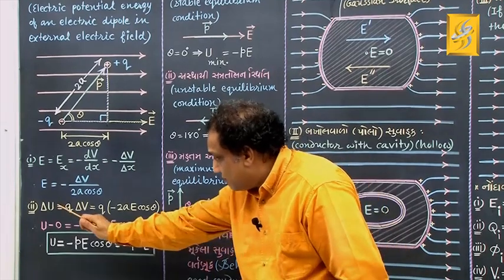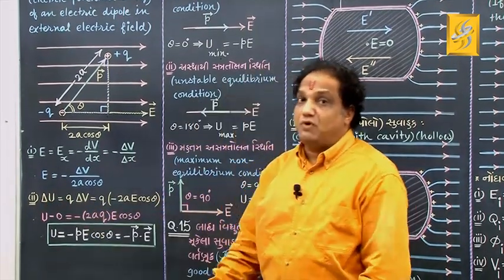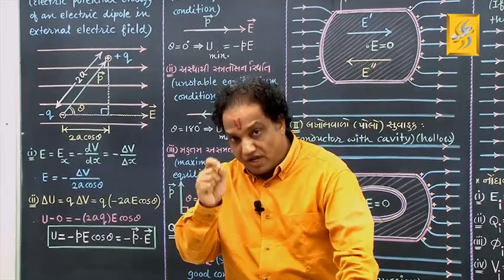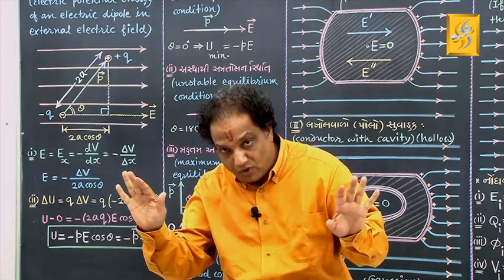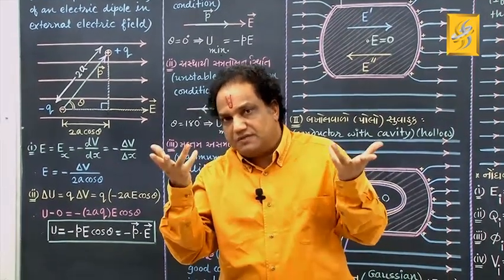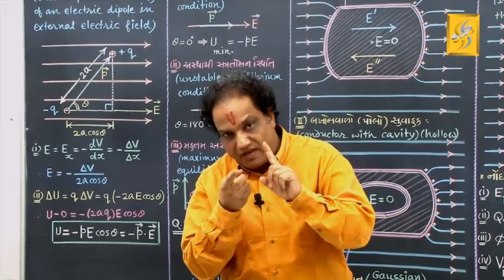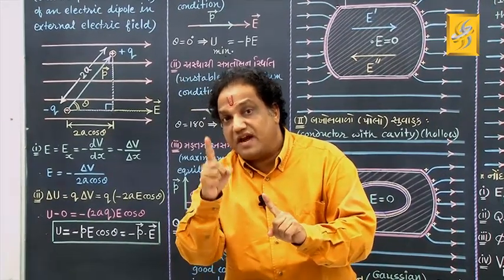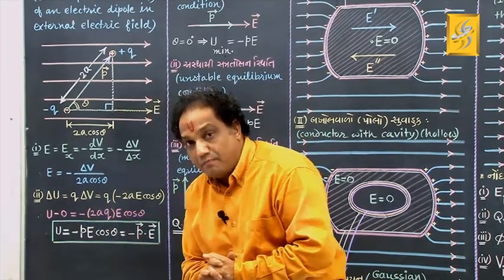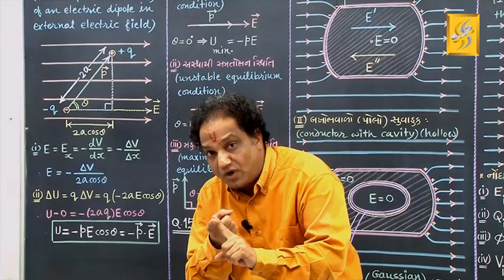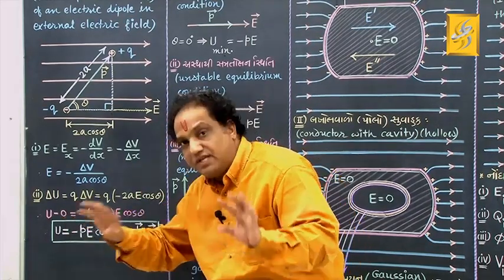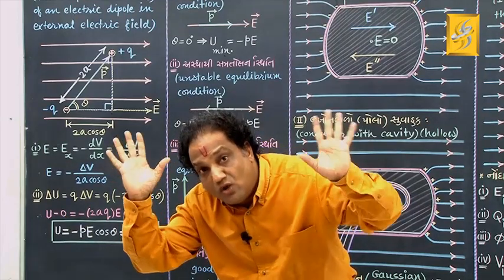But what about delta U? Change in potential energy. Remember, absolute value of potential energy is not important in physics. What is important? Change in potential energy, correct? So whenever you take change, it should be always final minus initial. But absolute value of potential energy is not important, so initial potential energy you can assume any value.